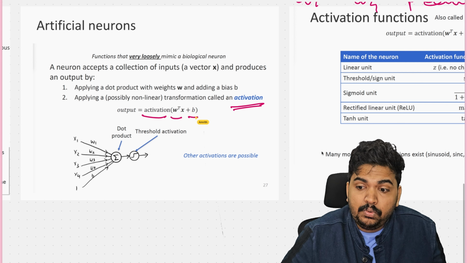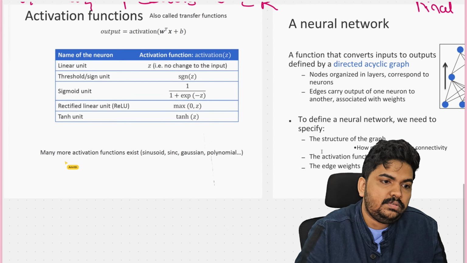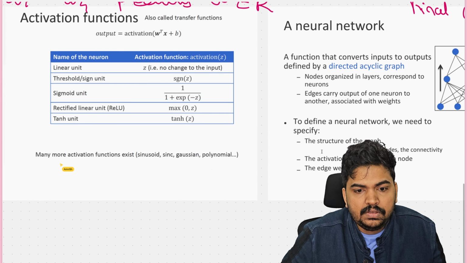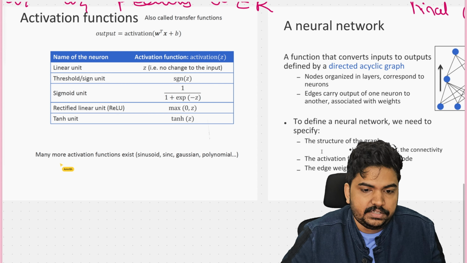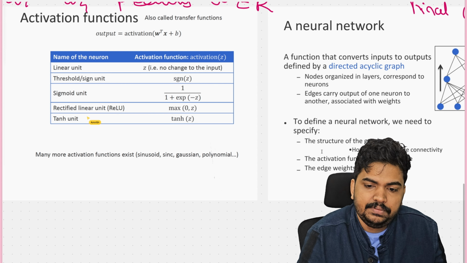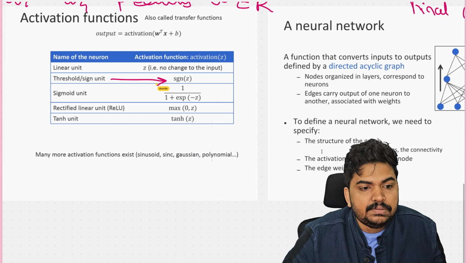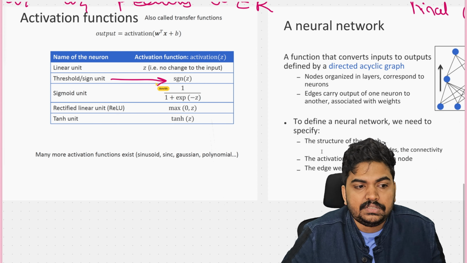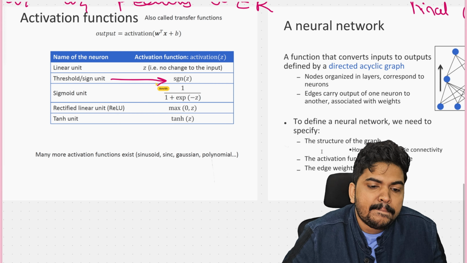Now, other activations are also possible. The activation shown in the previous illustration was a threshold activation, which you can see here. Another activation is a simple dot product, which is called the linear unit, so basically no change to the input.